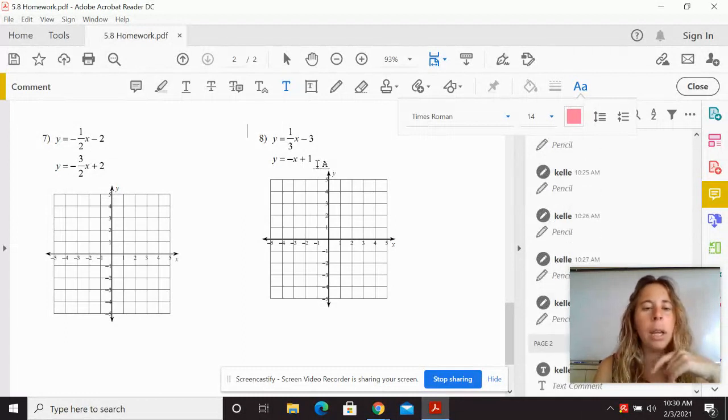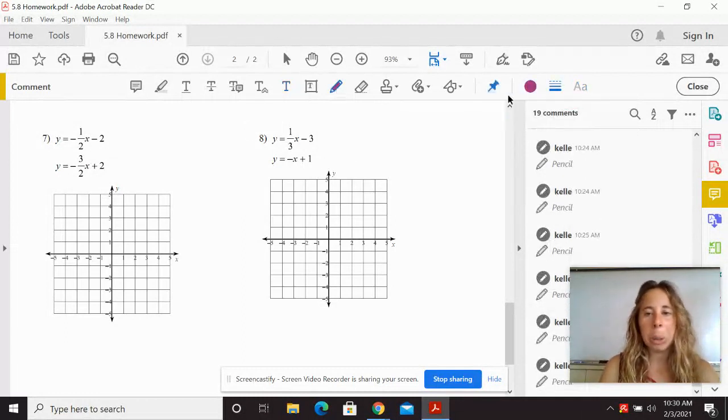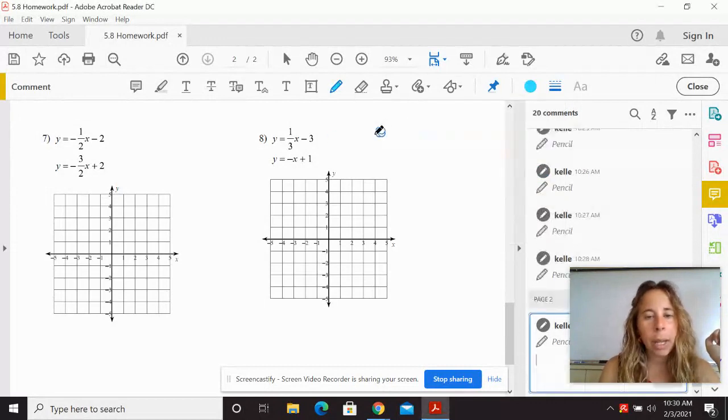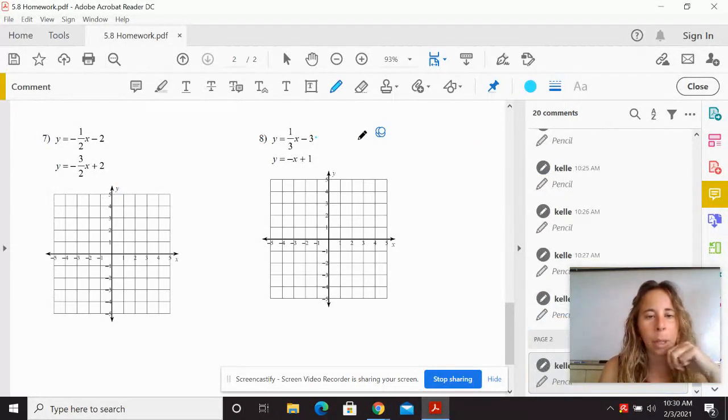Yeah, number 8. So we're going to graph our line. Let me grab my little pencil. We'll make the points blue. My first one, what's my y-intercept? It is -3. 1, 2, 3. And then my slope is 1/3.